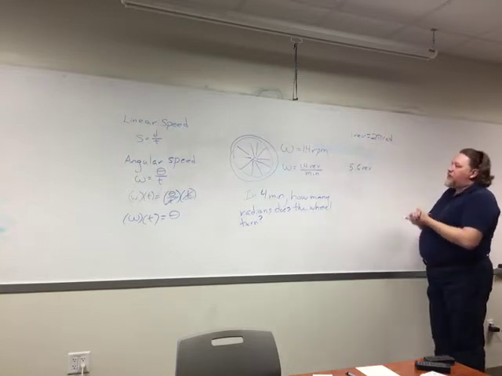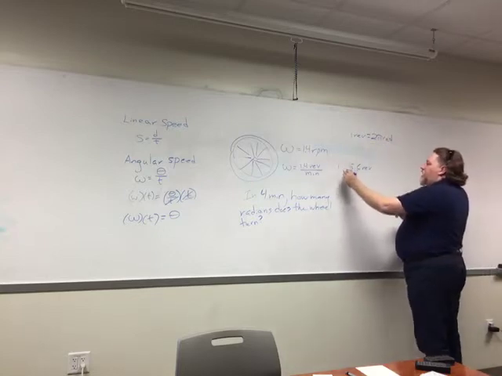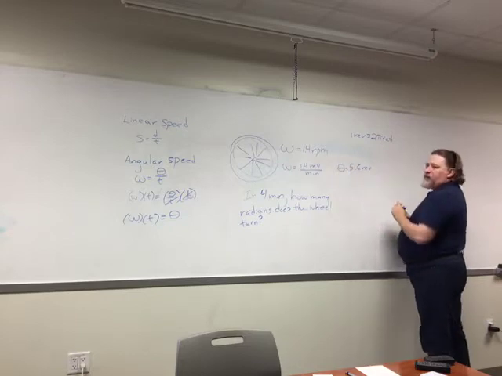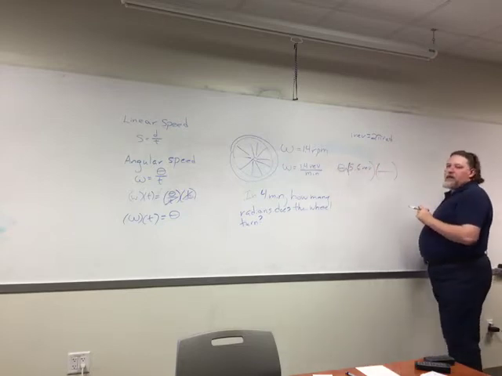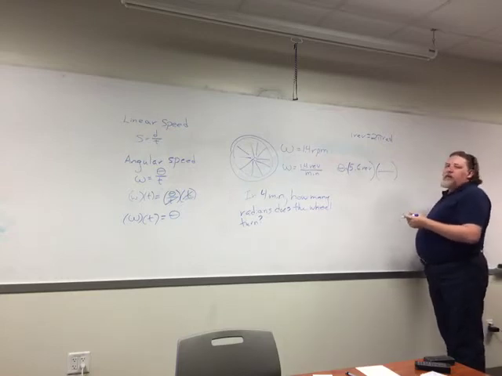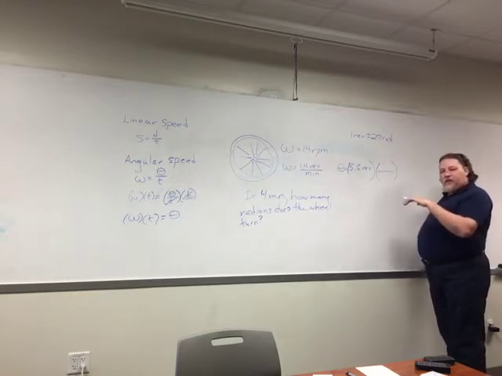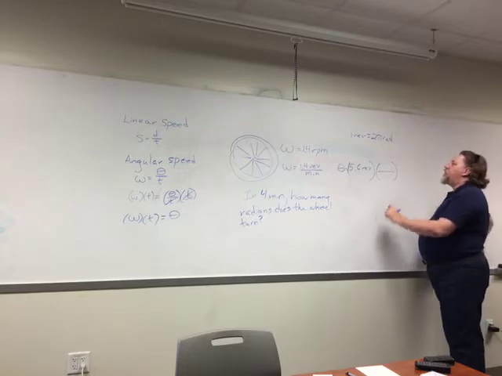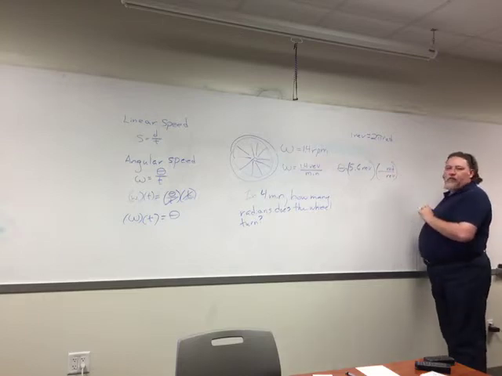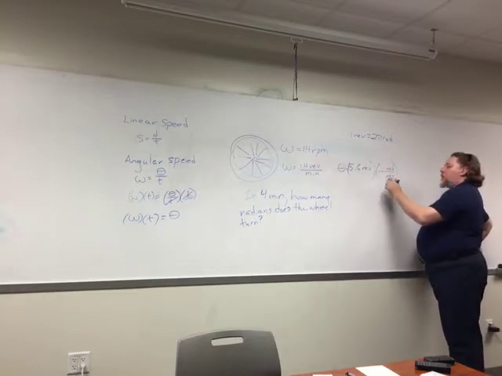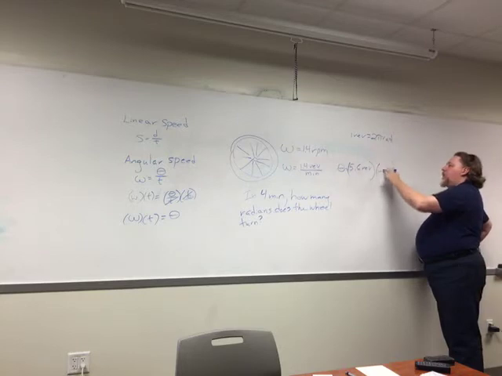So the angle is 5.6 revolutions, and then I need a unit conversion. Remember, when you do a unit conversion, you want to put the thing you're getting rid of on the bottom and the thing you want to get on the top. So I want to get radians, I'm going to put radians on top, and I want to get rid of revolutions, so revolutions go on the bottom. 1 revolution is 2 pi radians.